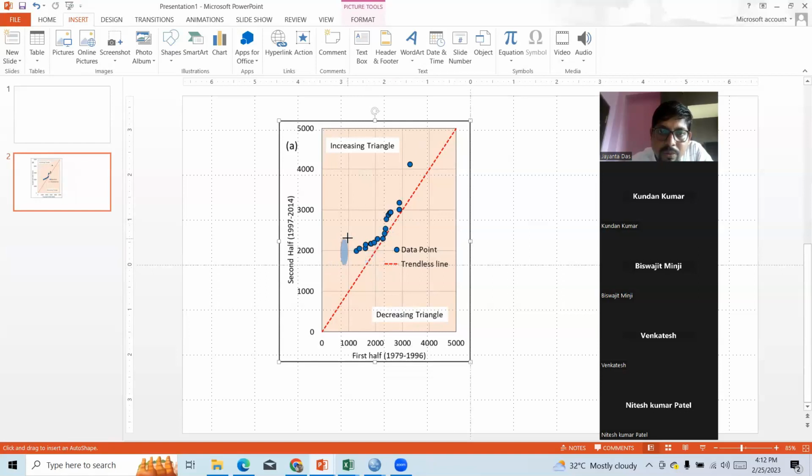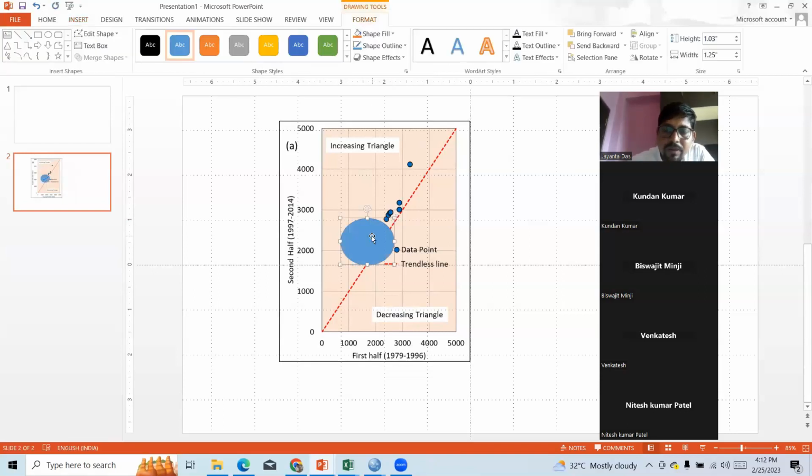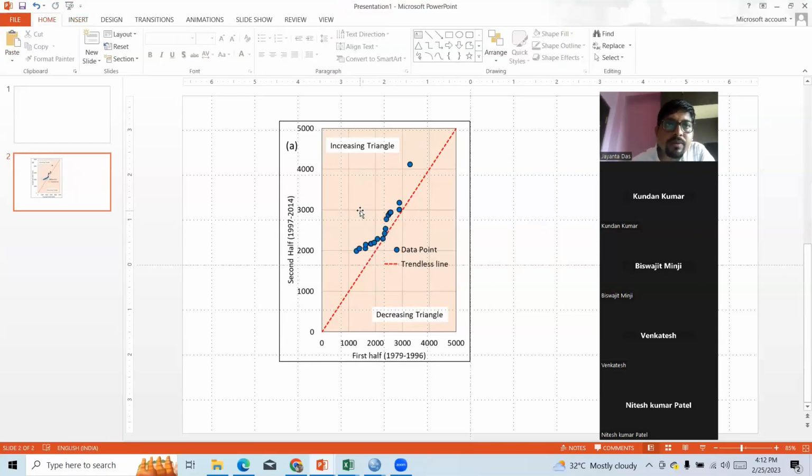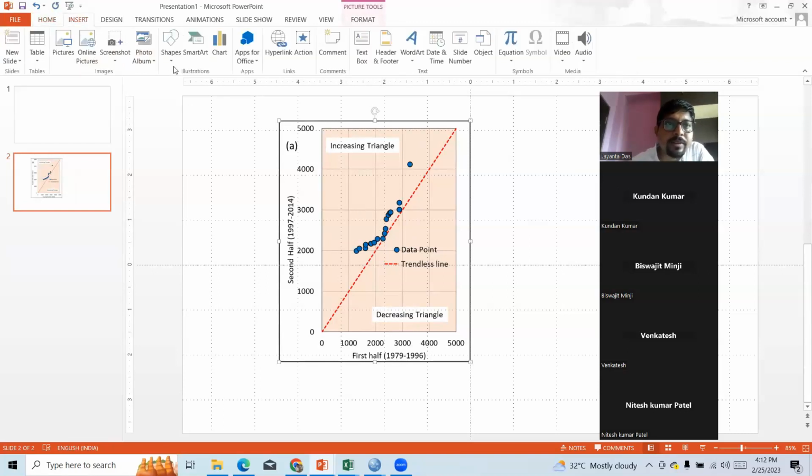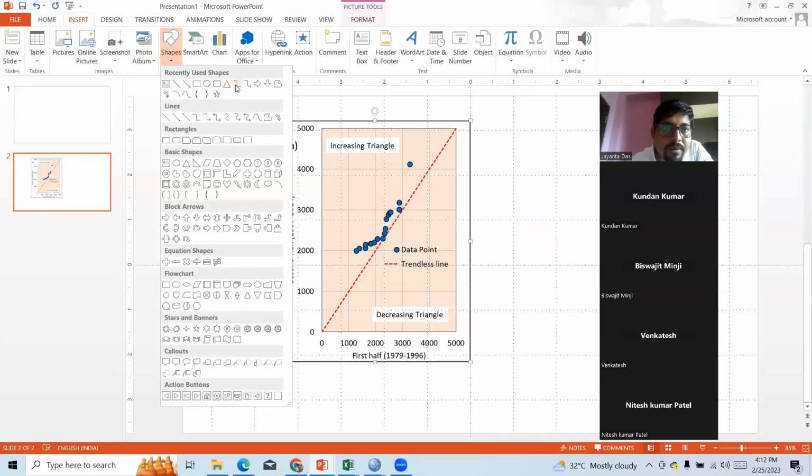No. Instead of oval, let's check other option. Many options are there.